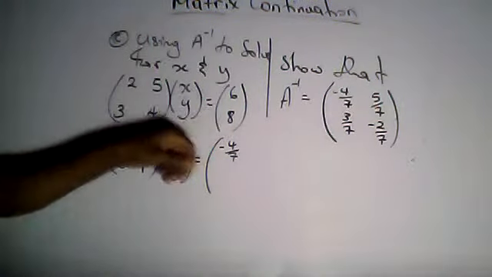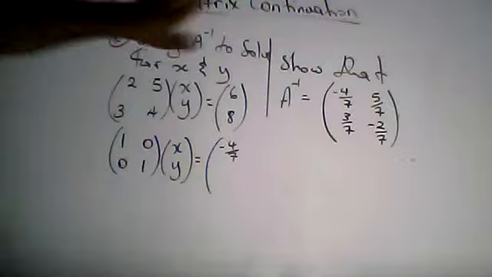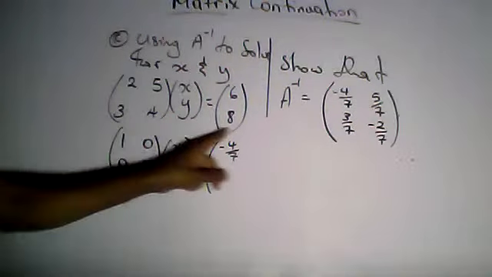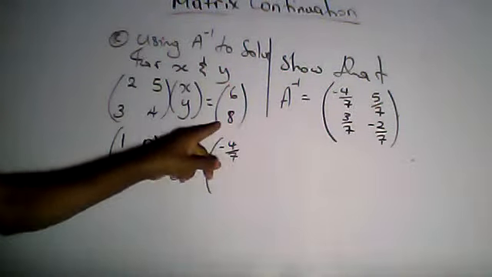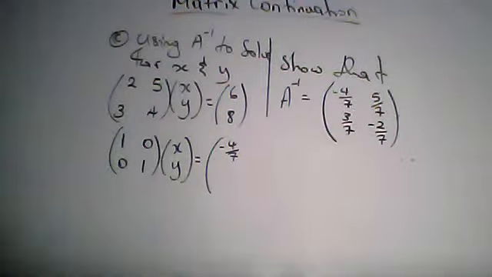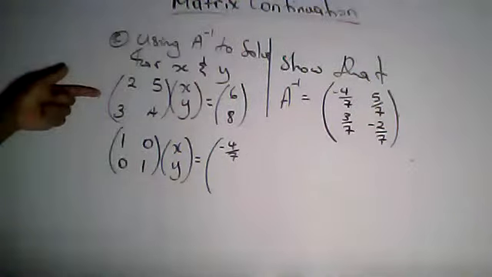This was the question. They say using A inverse to solve for x and y. So what we had here was the first question. Remember, the first question they asked us to put the simultaneous equation in matrix form? All I did was rewrite it.